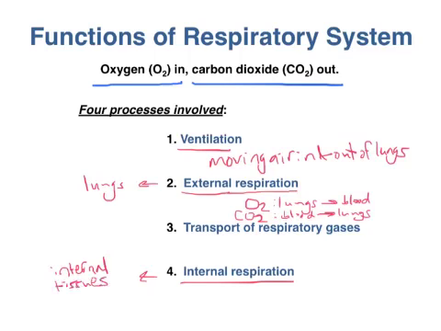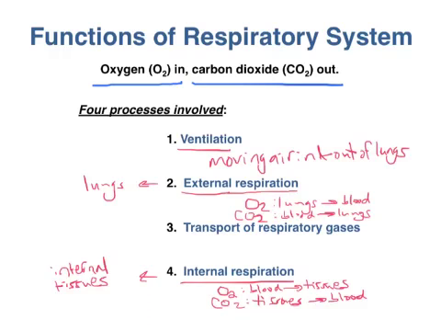And for the exchange of gases in internal respiration, you have oxygen moving out of the blood into the tissues, and carbon dioxide moving from the tissues into the blood.